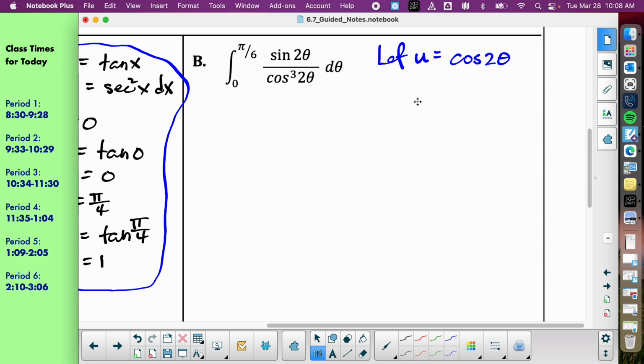Now, the issue is this isn't perfect. The derivative of cosine 2 theta is negative 2 sine 2 theta d theta. Are we okay with where that 2 came from? Probably. Should be, but I can remind you if you're not. It's from chain rule of doing the derivative of an angle.